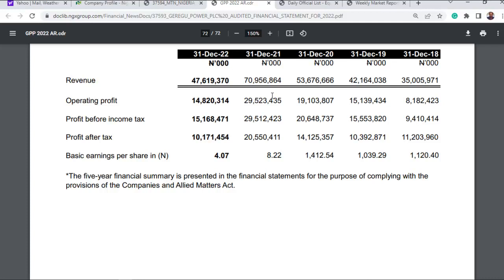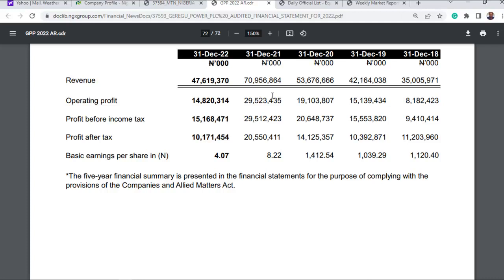For the third quarter, sorry, the third quarter result dropped by 28.1% and 11.47%.